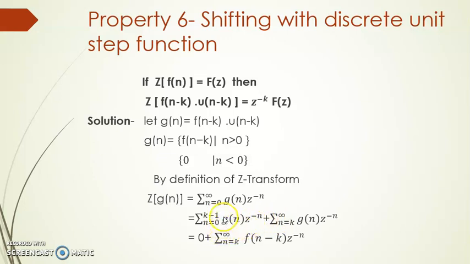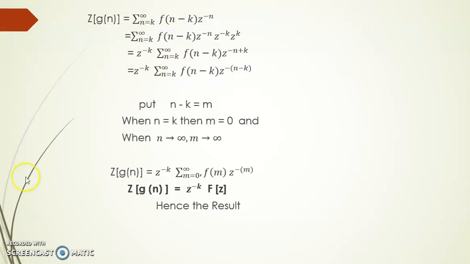For the first term, g of n equal to 0 as we defined above, and in the second term the value of g of n equal to f of n minus k into z to the power minus n. So again we try to bring z to the power n minus k. We adjust the terms z power minus k and z power k. So take z power minus k outside of the summation sign.